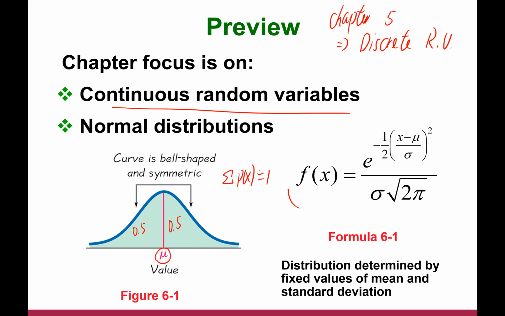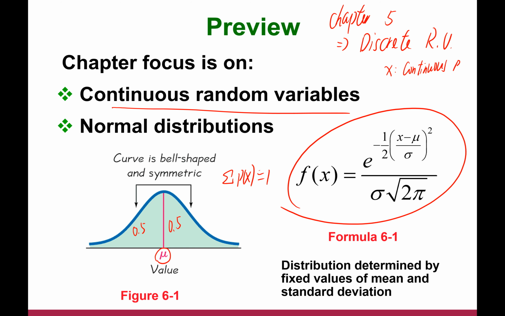And this is the mathematical formula we use to describe the normal probability distribution. Here x represents a continuous random variable. We also have a mean, the population mean, and the population standard deviation.